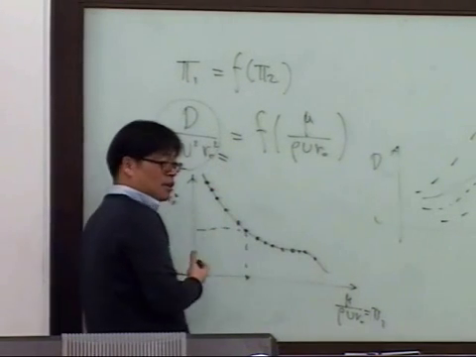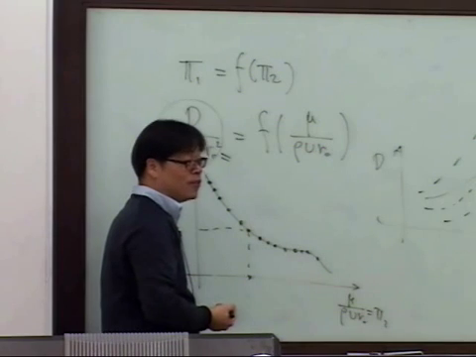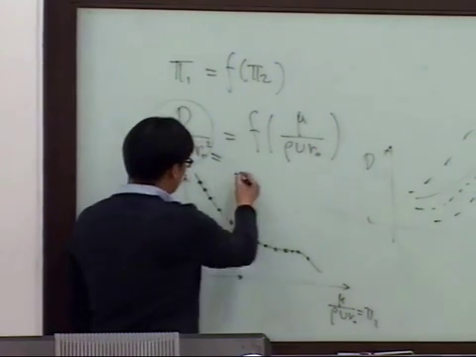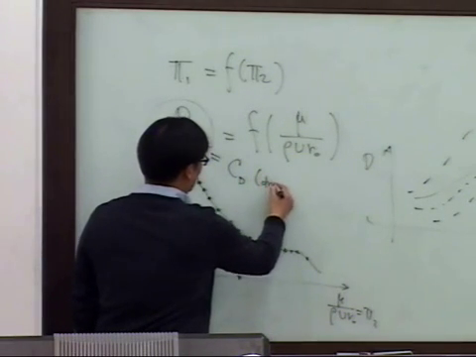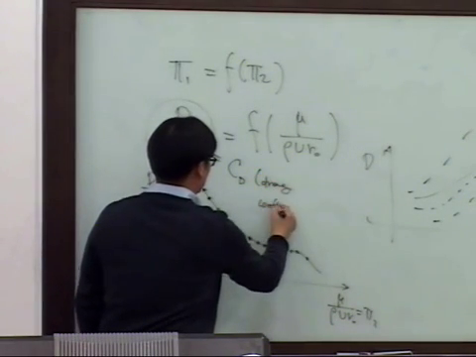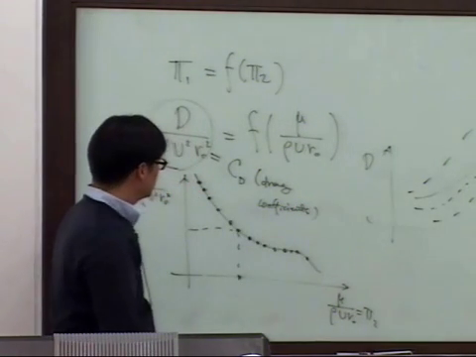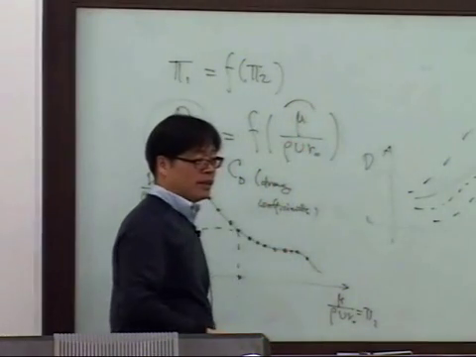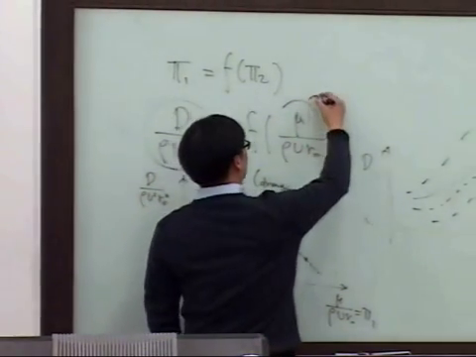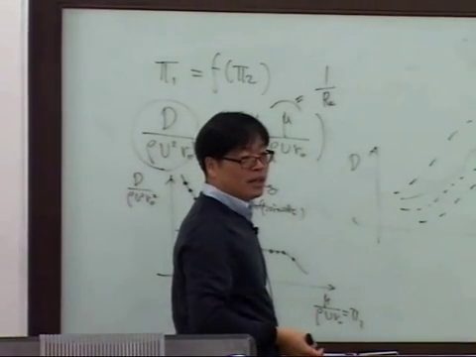Typically, you probably know what this is. This is the so-called drag coefficient. Okay, so you write it this way. We haven't talked about it yet, and this is something called 1 over Re.